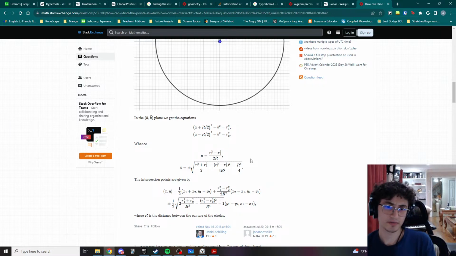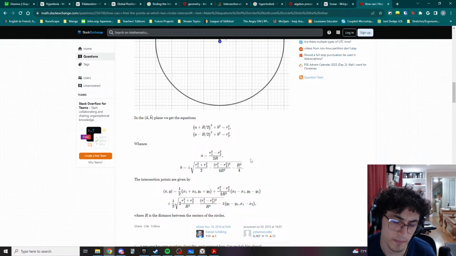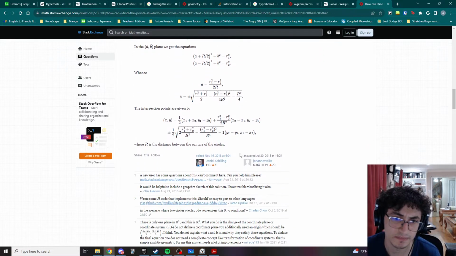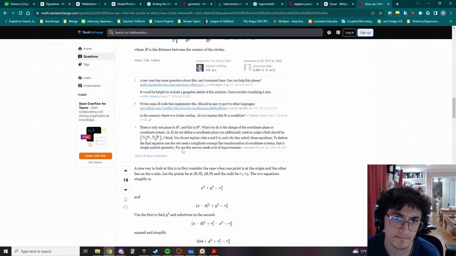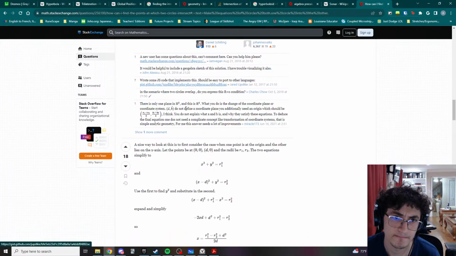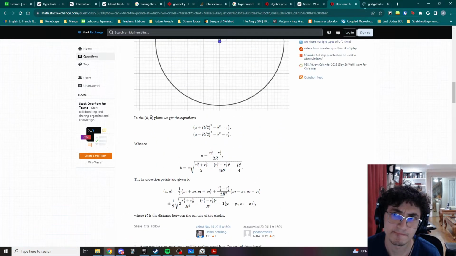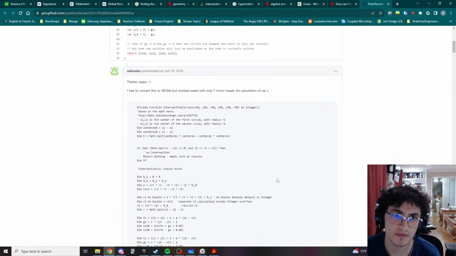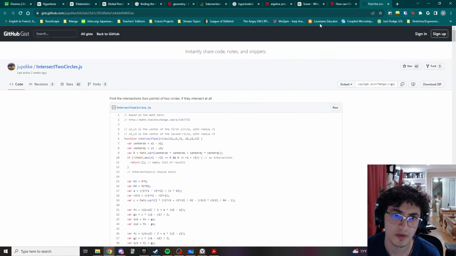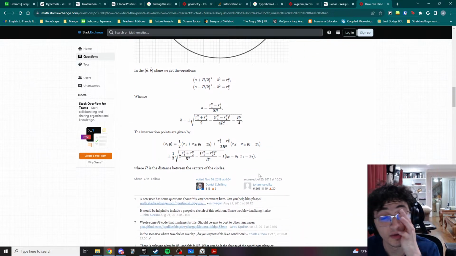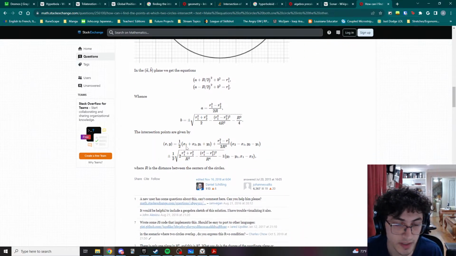The intersection points are given by x and y. What the heck, man? Or some JavaScript code. All right. Intersection points are given by 1/2 of.